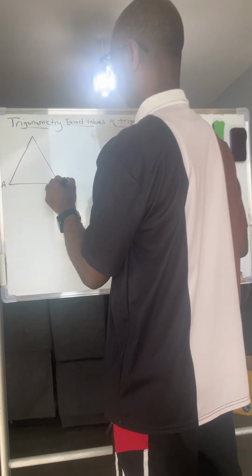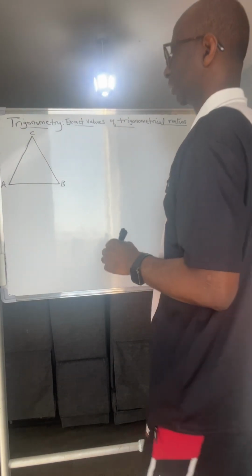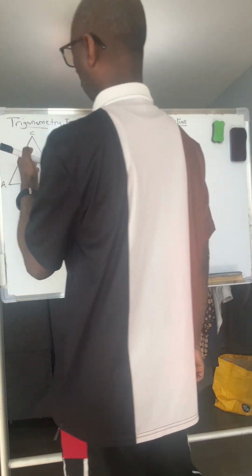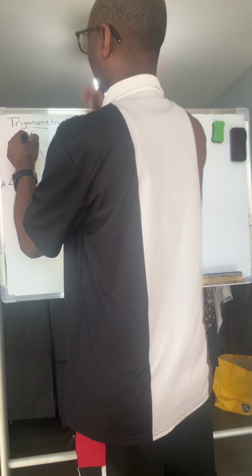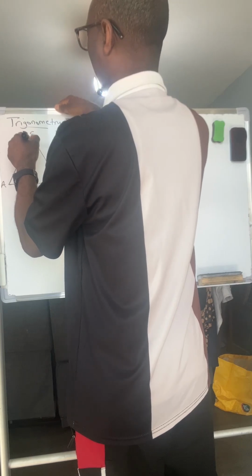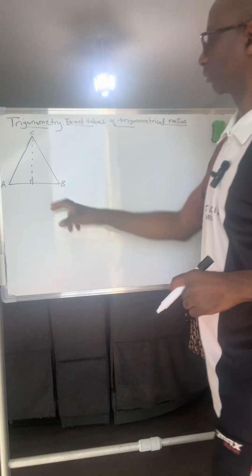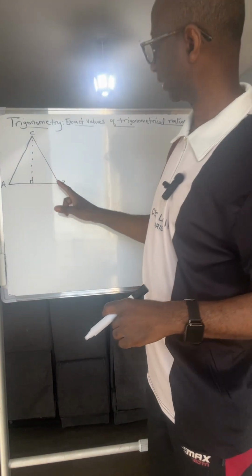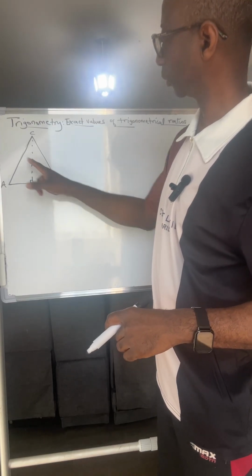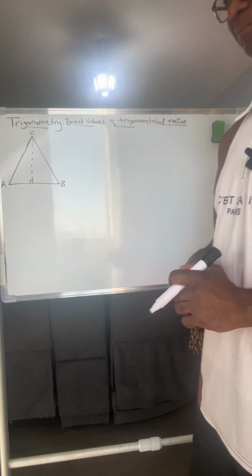A, B, and C. Because we want to calculate trigonometric functions here, we need to have something like a perpendicular line. This perpendicular line can also be drawn from here to here. All we want to do is to divide this baseline into two equal halves.